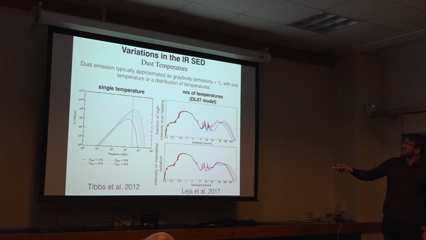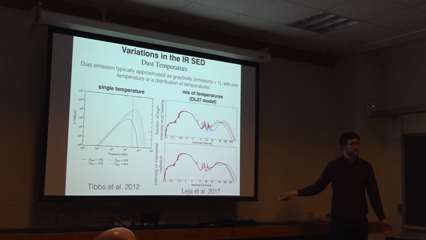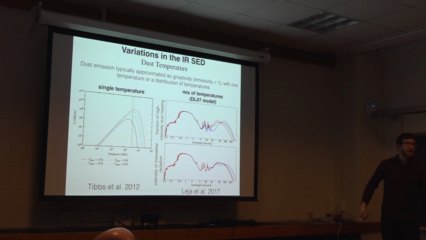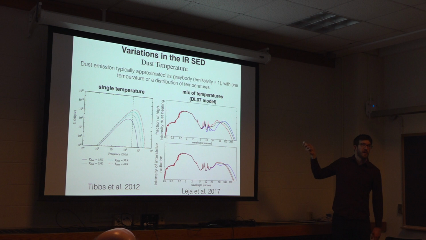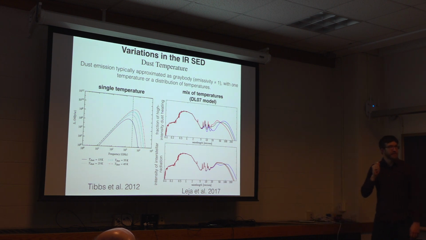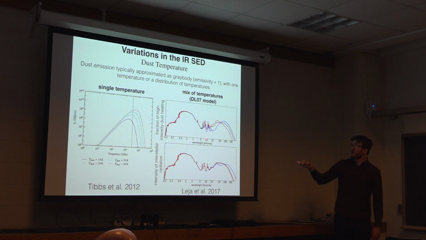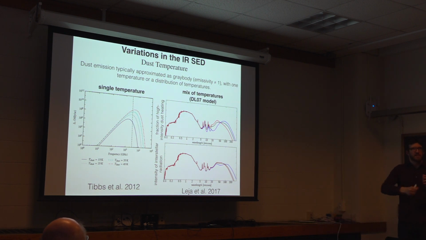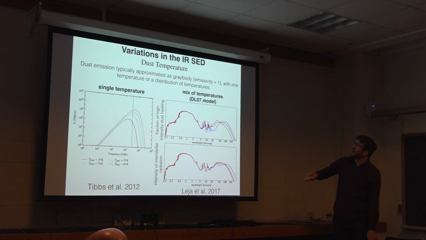And basically it's because IR SEDs don't all look the same. And only in the local universe really do you have multiple points of measurement here. At higher redshifts, you're kind of lucky to have one. And so the game is, if you have one measurement, usually in the mid-infrared, how can we then estimate the whole thing? And this is a very dangerous game to play.